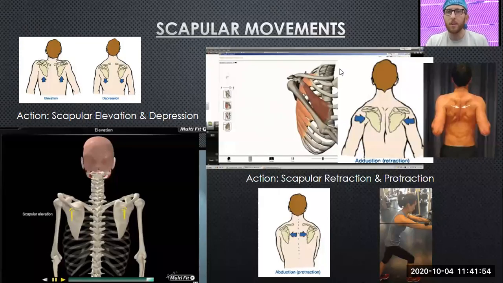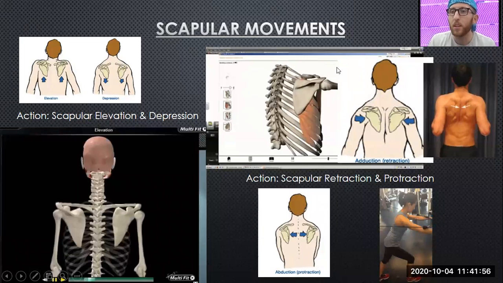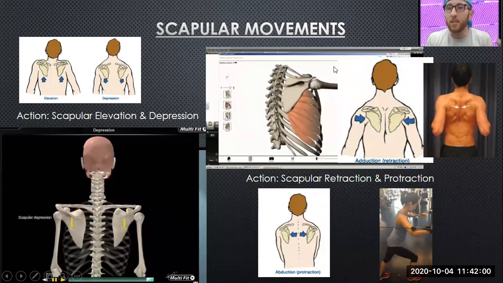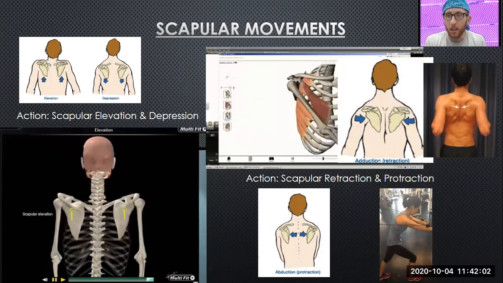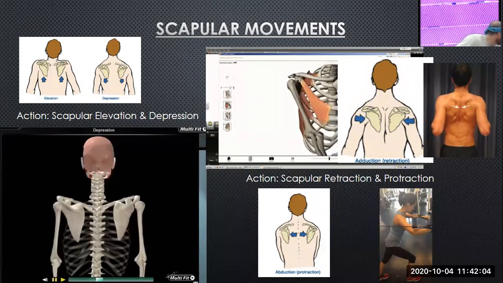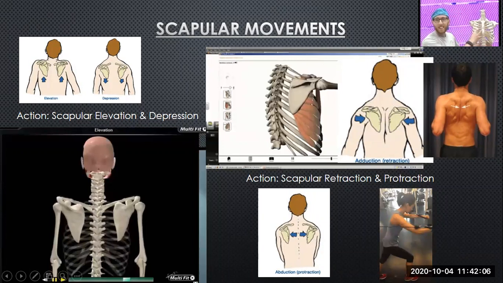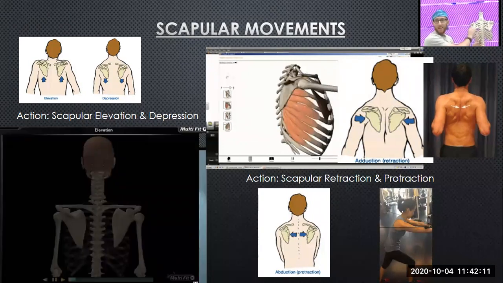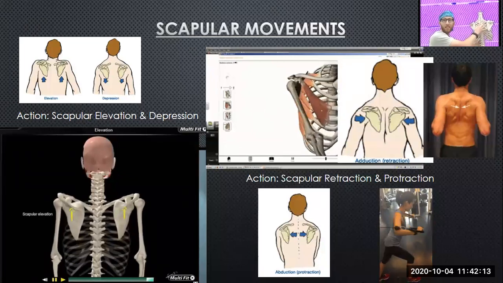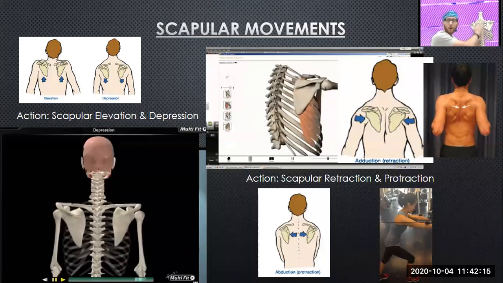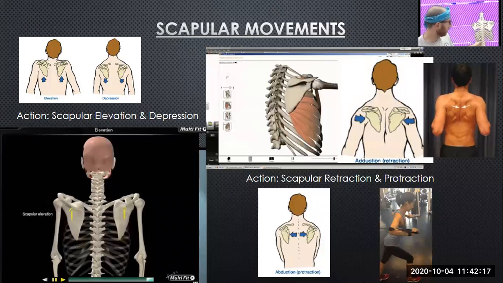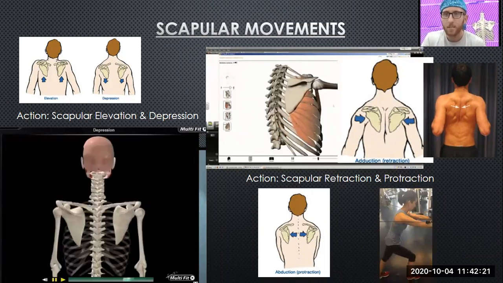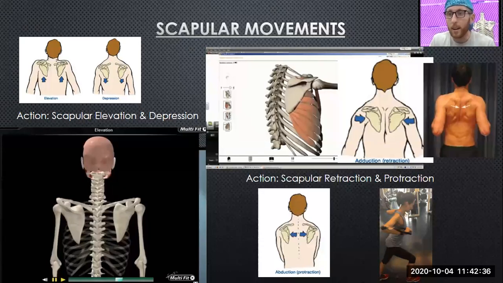Let's keep going with some of these, and let's talk about scapular movements, because with the trunk in the back, we're dealing a lot with the scapula. So I'll bring my skeleton back into the frame here, spin it on around, and now we can see the scapula bones on the posterior aspect of the rib cage. Now what's happening here is a lot of stuff.